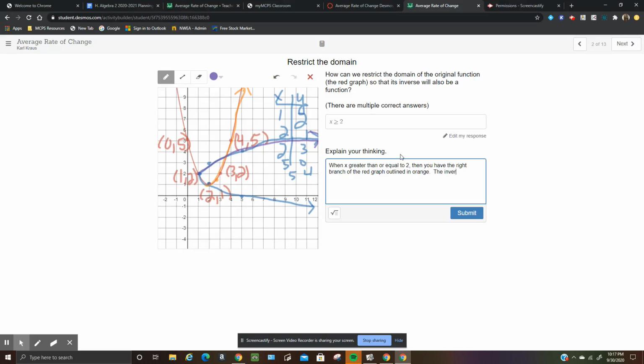The inverse would be the purple, the upper branch of the blue graph.